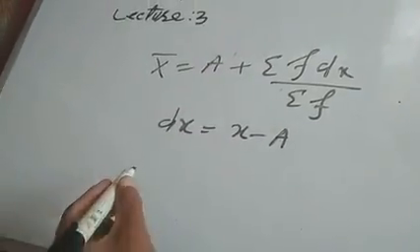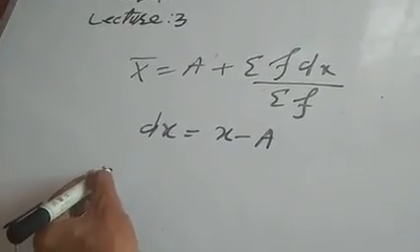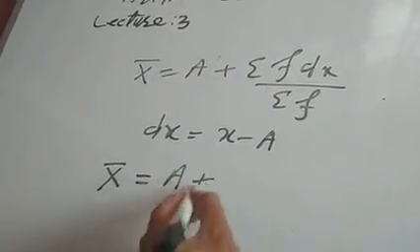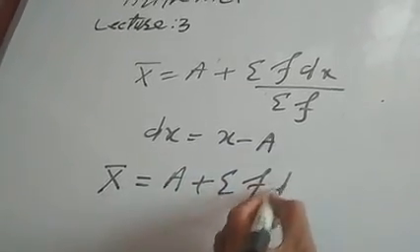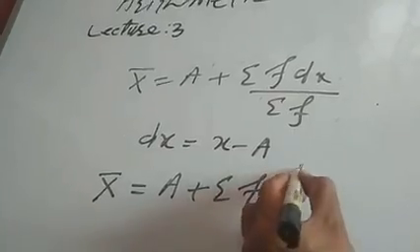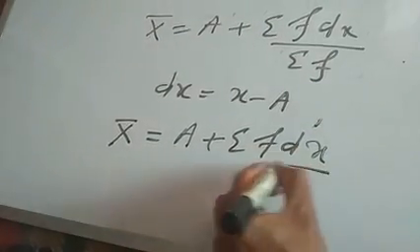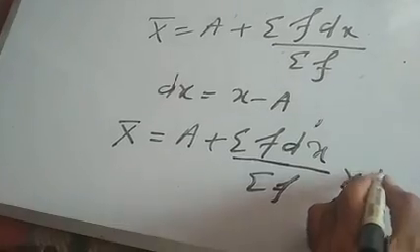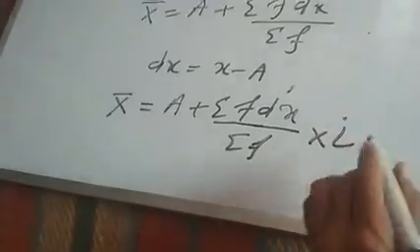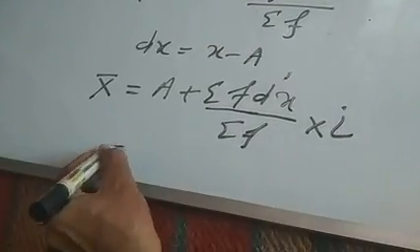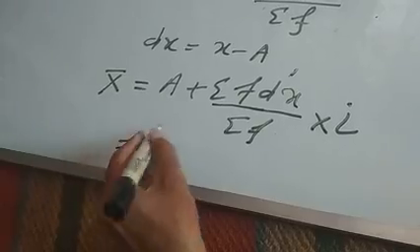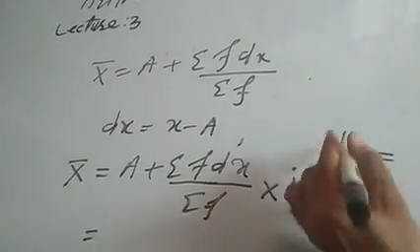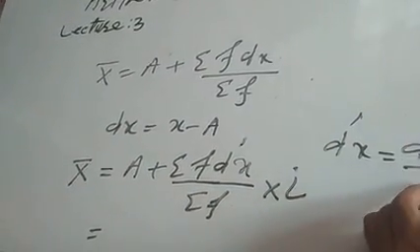Now in case of the step deviation method, you have to use the same formula: a plus summation f, instead of d, I will write d dash x, divided by summation f, and you have to multiply it also by i, where i is the size of the class interval. So d dash x is simply dx divided by i.